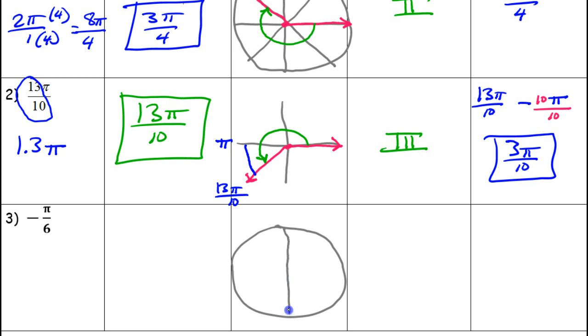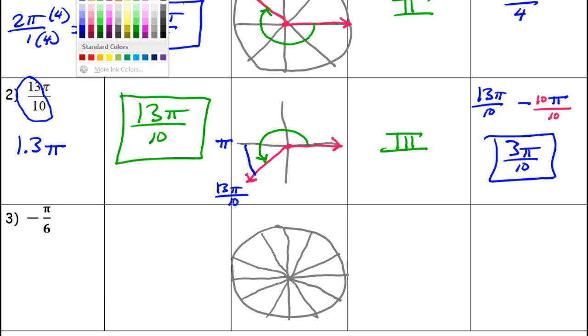And I'm going to go ahead and divide it up into pi over 6's. Okay, so you can see each semicircle has 6 parts. So they are each pi over 6.